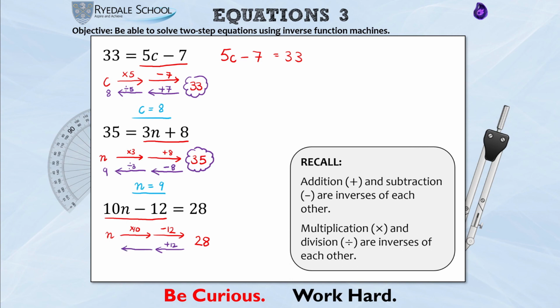The inverse of times by 10 is divide by 10. So let's see what happens. 28 add 12 is 40, and 40 divided by 10 is 4.